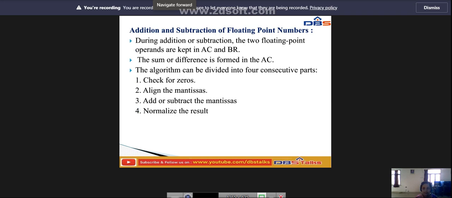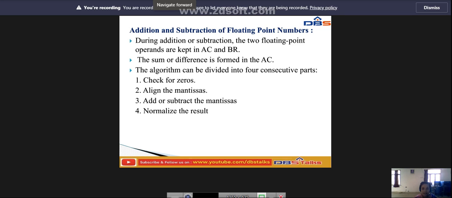Next, coming to addition and subtraction of floating point numbers. During addition and subtraction, the two floating point operands are kept in AC and BR. The sum or difference is formed in the AC. The algorithm can be divided into four consecutive parts: check for zeros, align the mantissas, add or subtract the mantissas, and normalize the result.